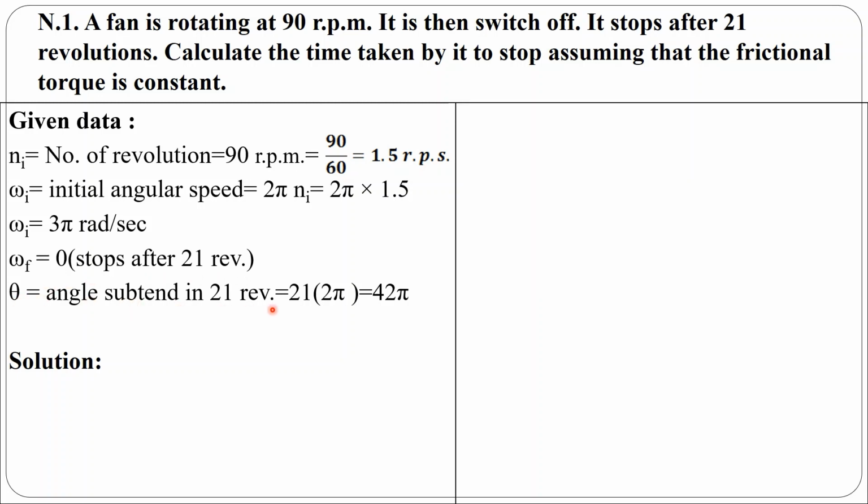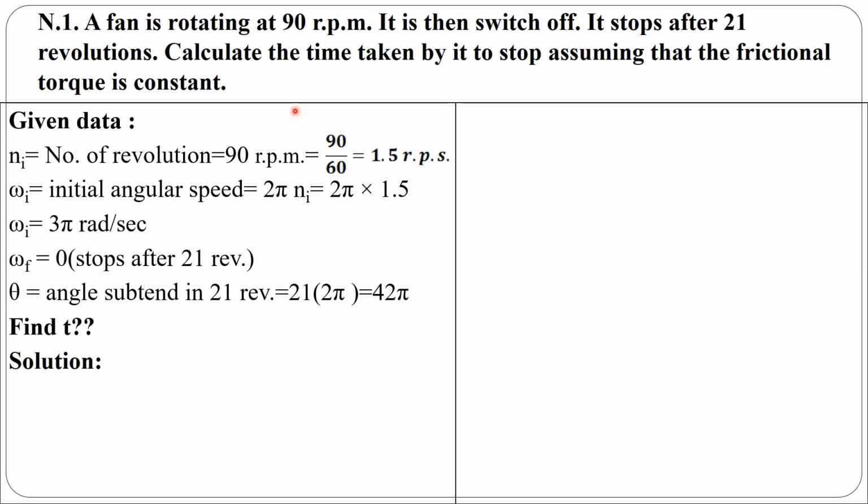In one revolution, the angle subtended is 2 pi, right? So for 21 revolutions, we multiply by 21. 21 into 2 pi is equal to 42 pi radian. So the angle subtended by the fan in 21 revolutions is 42 pi. Given data completed, so now we have to calculate time.